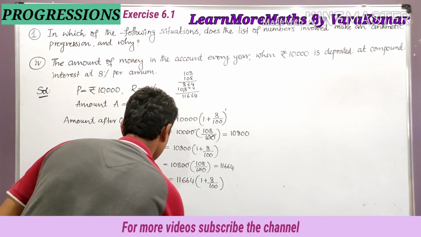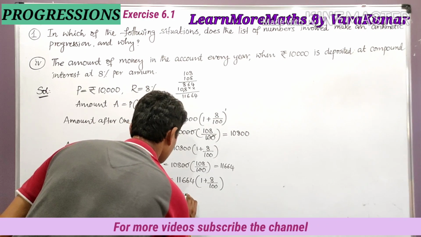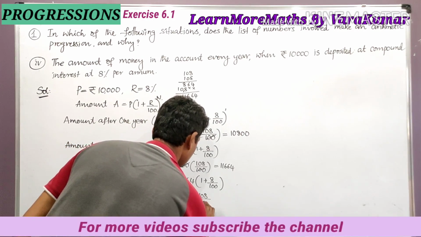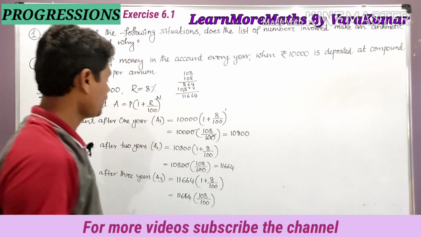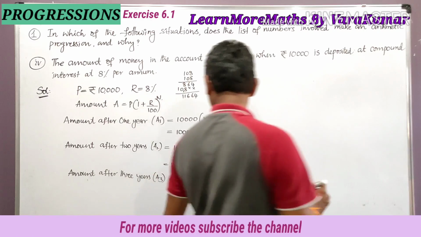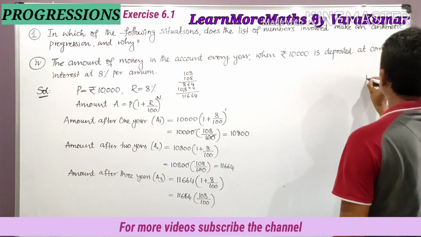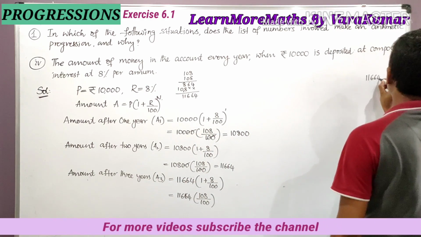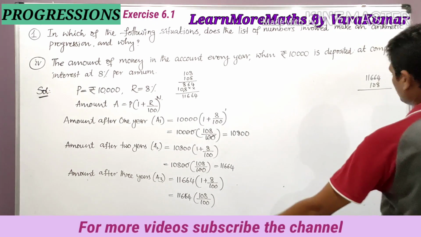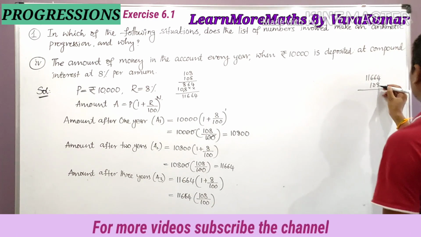So that is 11,664 into 108 by 100, student. Now we have to multiply 11,664 into 108. Then after that we can divide by 100.